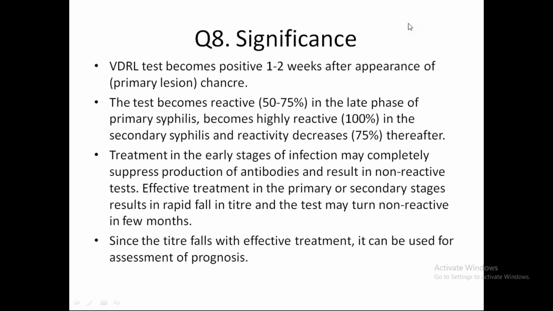Treatment in the early stages of infection may completely suppress the production of antibodies and result in non-reactive tests. Effective treatment in primary or secondary stages results in a rapid fall in titre, and the test may turn non-reactive in a few months. Since the titre falls with effective treatment, it can be used to assess the prognosis.